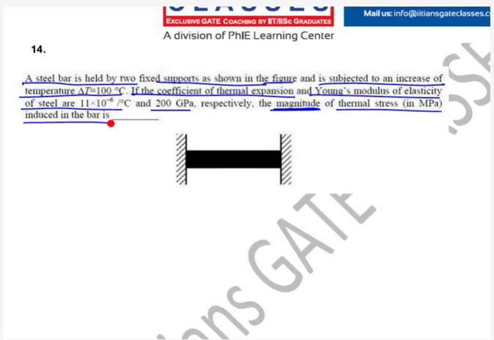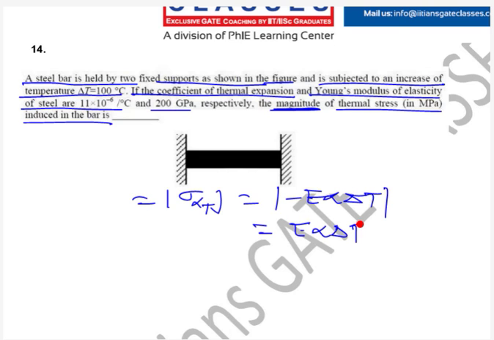So what is the magnitude of thermal stress? It is mod of sigma x thermal. It is minus E alpha delta T, which is nothing but E alpha delta T. So find out the answer.